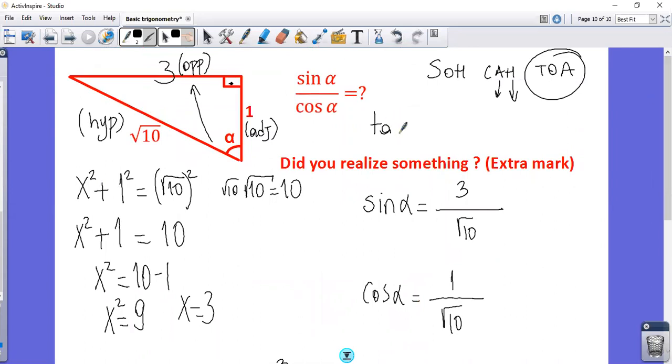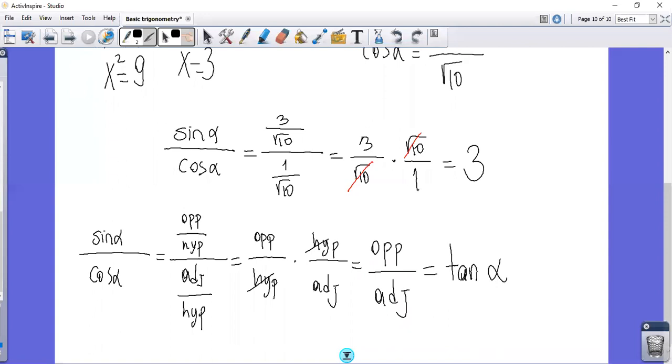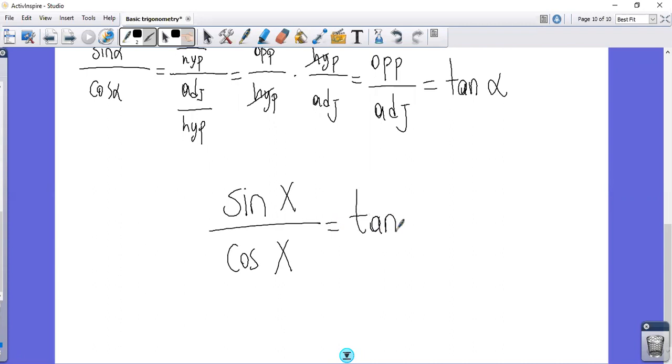TOA, tangent of alpha, opposite 3 over adjacent 1, 3 over 1, 3. So that means as a property, we can write sine of any angle, for example, sine of x over cosine of the same angle, cosine of x, is always equal to tangent of x.